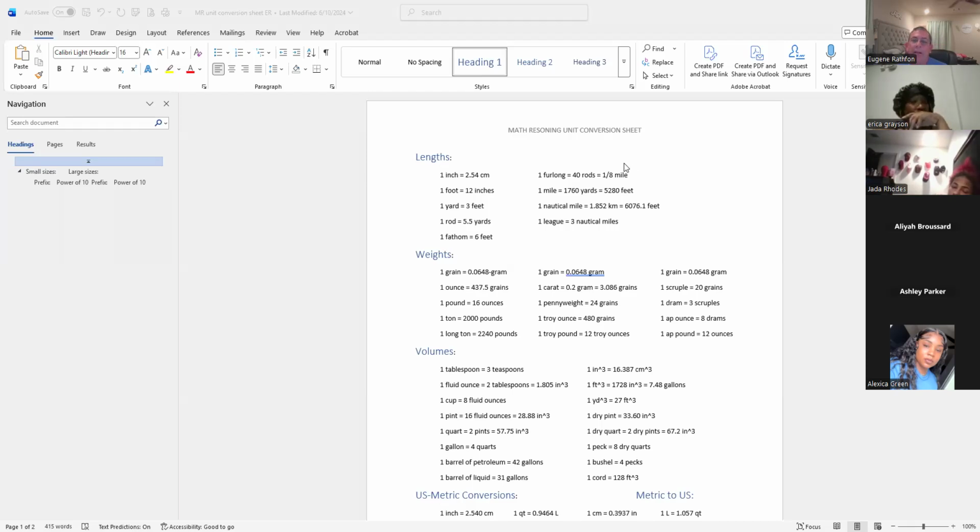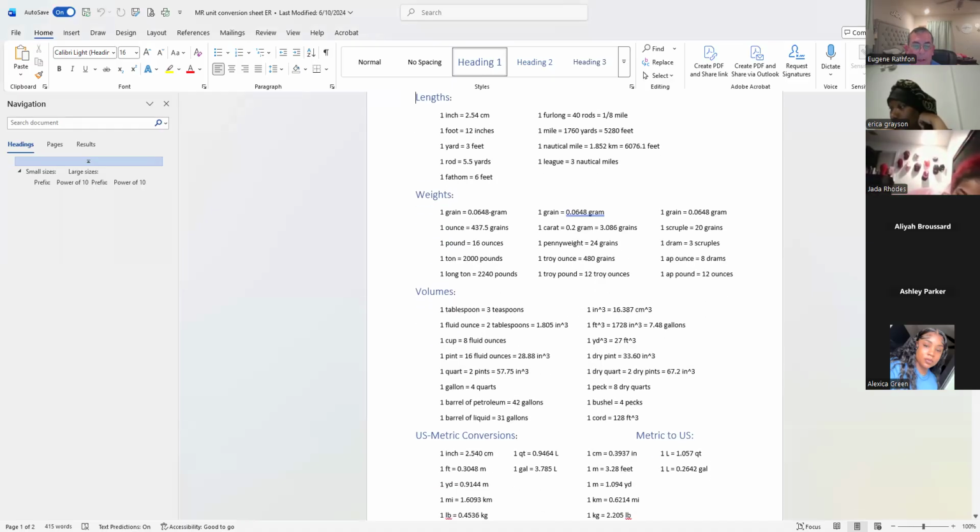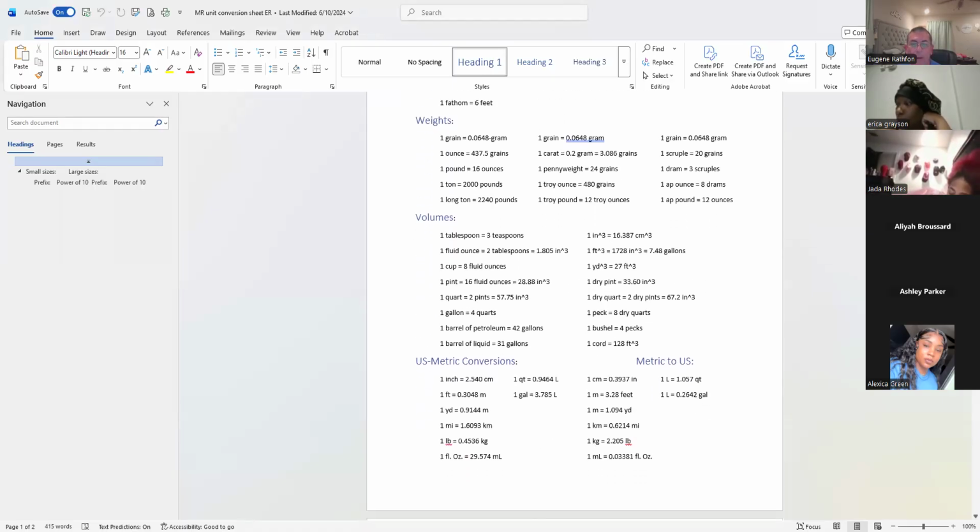Yeah. All right. So y'all, this is in week 3 folder in Blackboard, and this has got a lot of the conversions you're going to be doing. So over here on the left, you'll see it converts a lot of stuff.